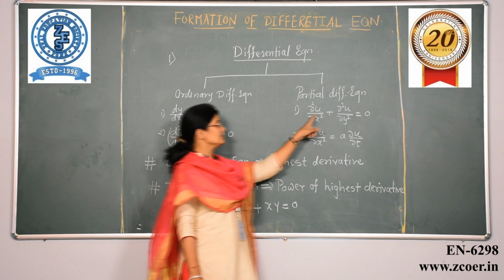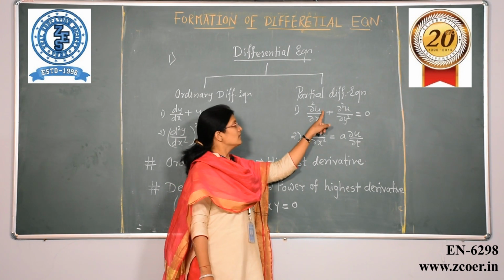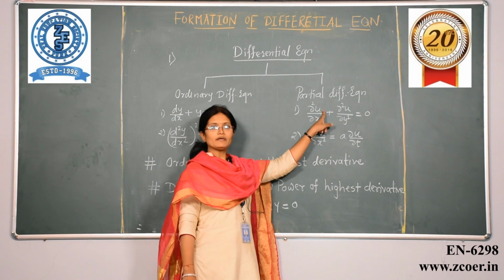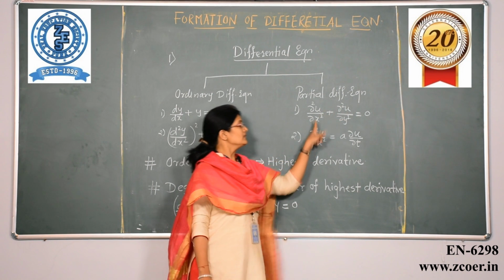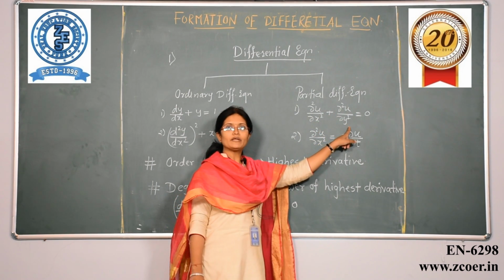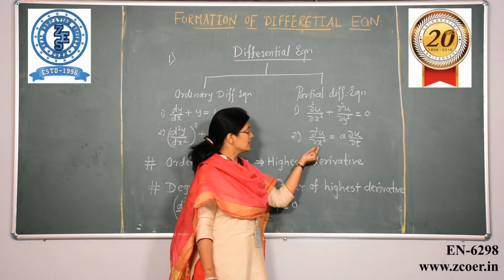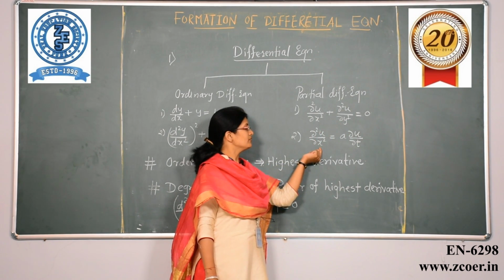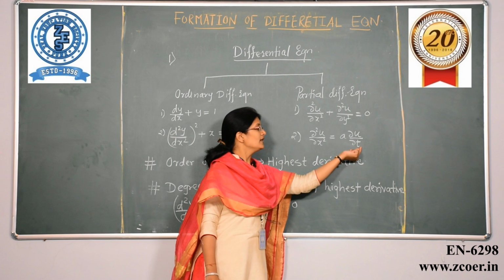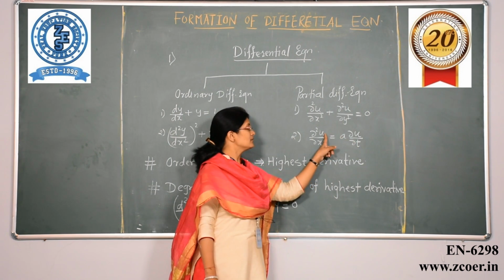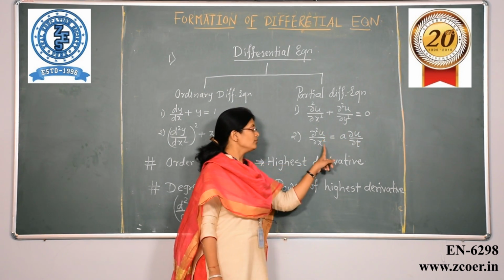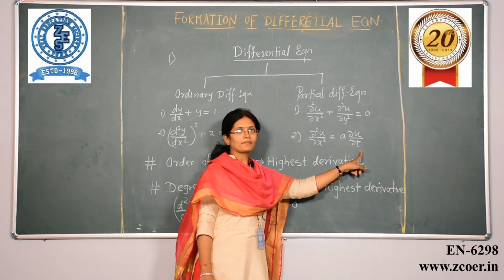Whereas, if you look at these equations, here u is the dependent variable, but x and y are the two independent variables present in this equation. Same is the case here, x is the independent variable, and t is also an independent variable, that is u is depending on its value for two variables x and t.